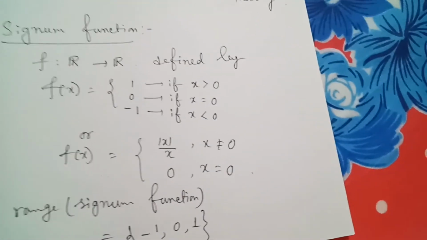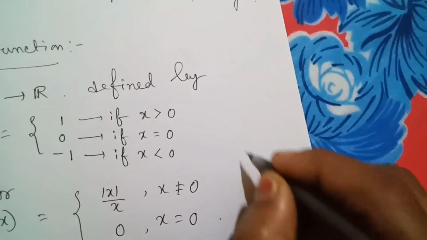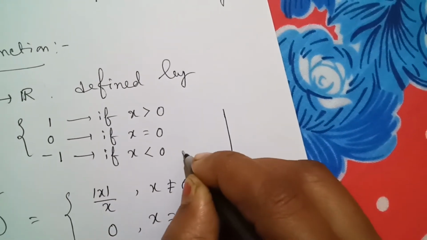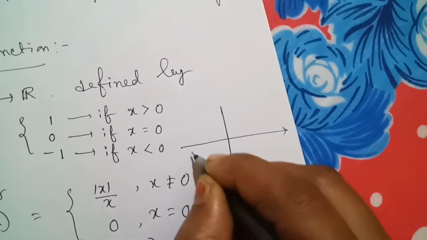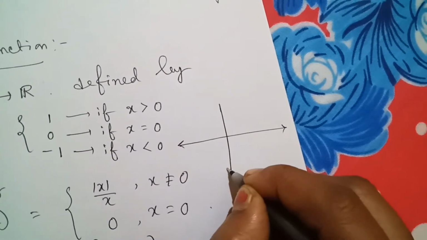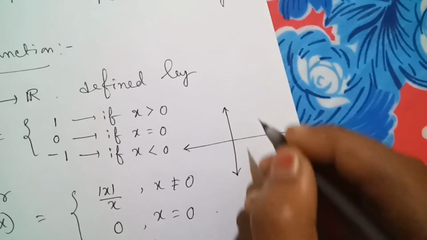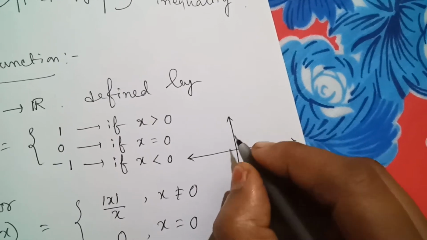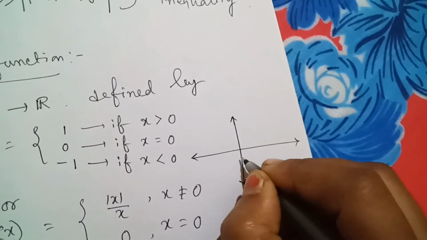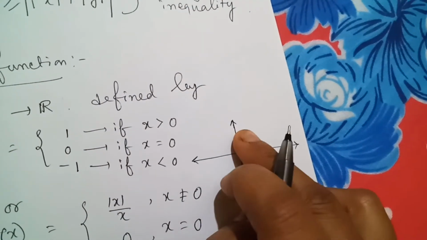Now I'm drawing the signum function's graph on this page only, otherwise I have to turn over the page and I don't want to discontinue it. So this is like the whole system.